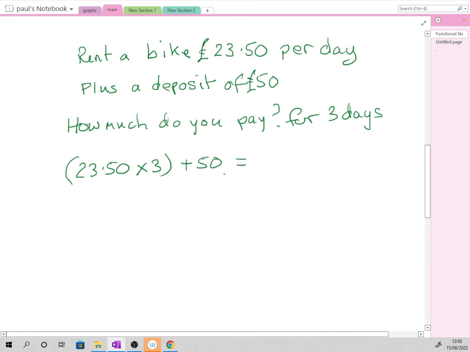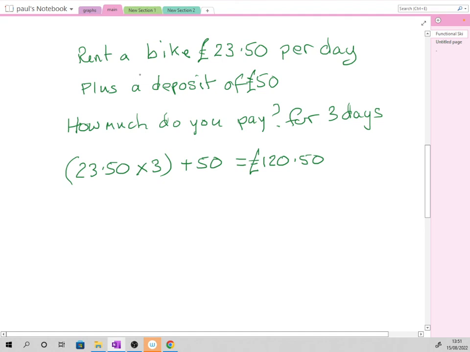So that's how much you'd have to come up with. £23.50 times 3, plus 50, equals £120 and 50p.